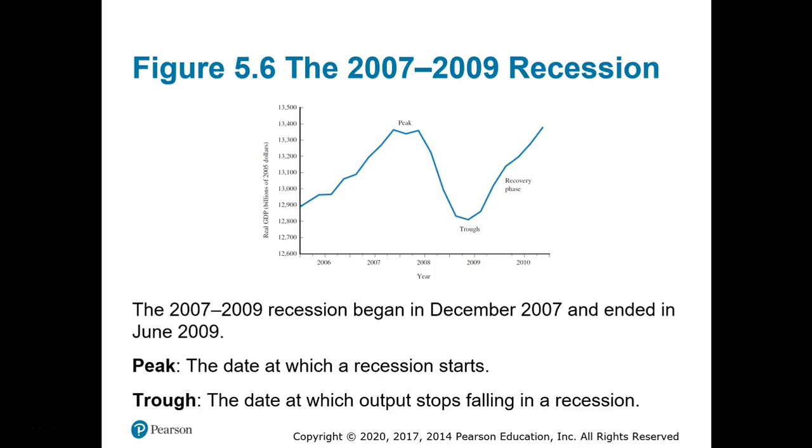We also had the car company buyout and the stimulus checks that were part of the summer of 2009. They weren't enough. The date at which the output stops falling is a concerted trough. You need to know the peak and trough. Can you pinpoint exactly? Does it have to be exact? No, it doesn't.